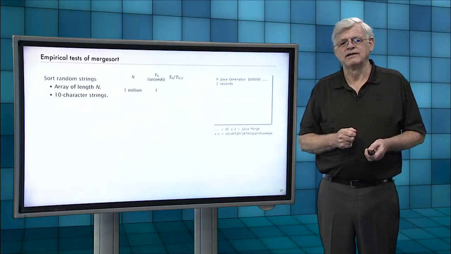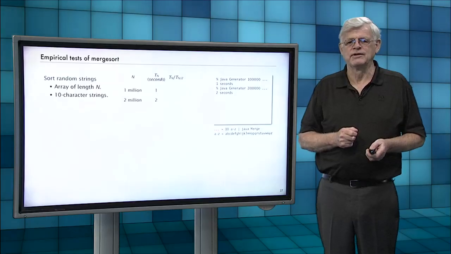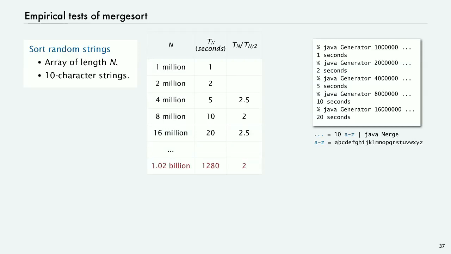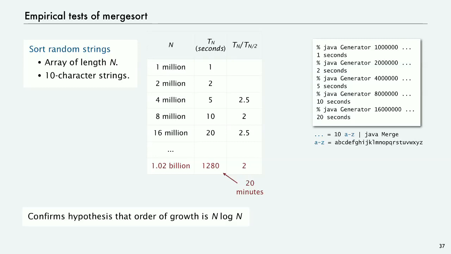And now it takes just a second to do 1,000,000, 2 seconds to do 2,000,000, and then for 16,000,000, 20 seconds. You could do 1,000,000,000 in not too much time, in a few minutes. 20 minutes to sort 1,000,000,000 items, which is definitely fast enough for Alice and Bob type applications.